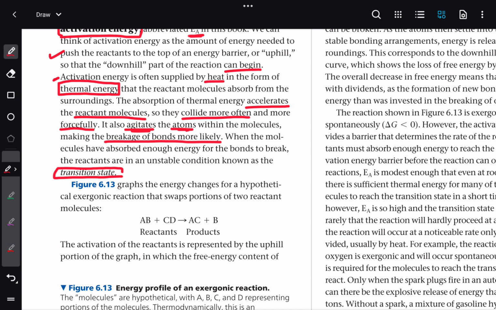Now, as the system strives to become more at equilibrium, the components in the system will absorb the heat. The molecules themselves will have a higher entropy, making them less stable, less at equilibrium.